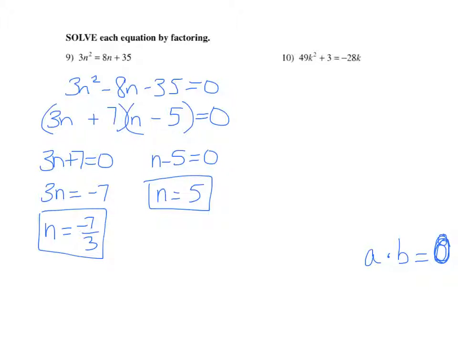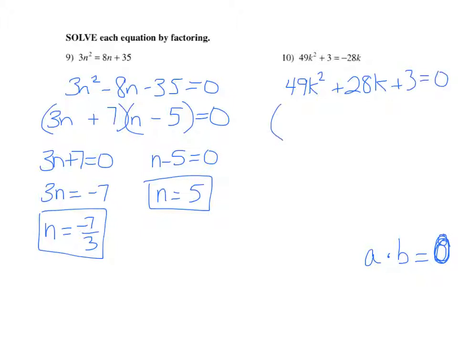Okay, let's try this again. Let's try number 10. Your first step is to make sure that it equals 0. So I'll have a 49k squared, and you're going to want to put this in decreasing order of your exponents. So I'm going to add my 28k next, and then I'll have my plus 3, and then my equals 0.